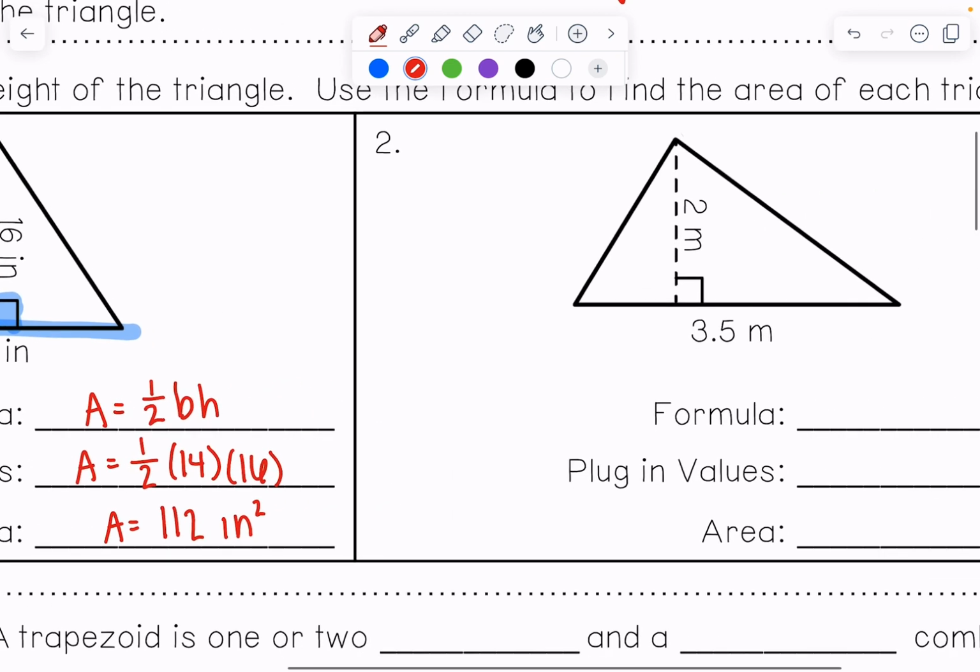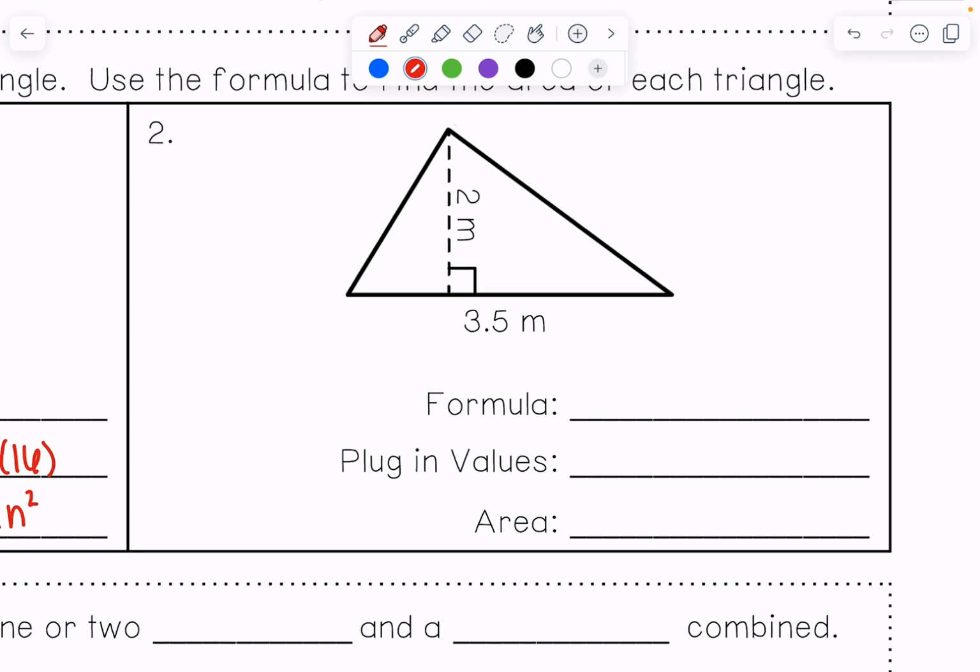All right, number 2, we have another triangle. And again, I like to look for my right angle. Here's my right angle. Starting with our formula: area equals half the base times height. Plugging in our values, we don't know the area. Half is our constant, so we just bring that down.